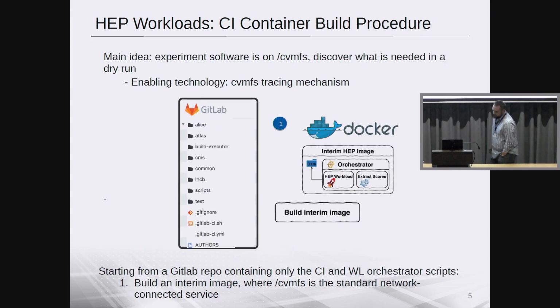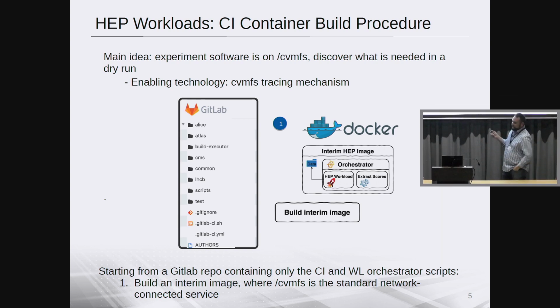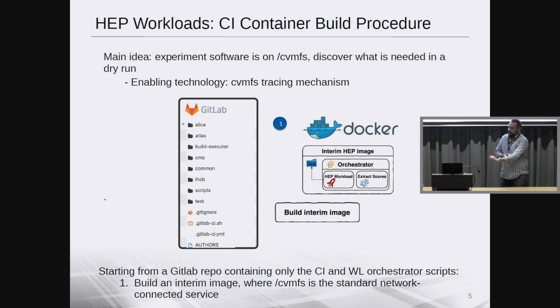So one of the main ideas we're using is that CVMFS supports something called tracing. When you enable this for a repository, every access to that repo is logged. So what we do is we start the initial build of the image, we mount CVMFS as normal, and we run the application, and then we know exactly what it's using in CVMFS.